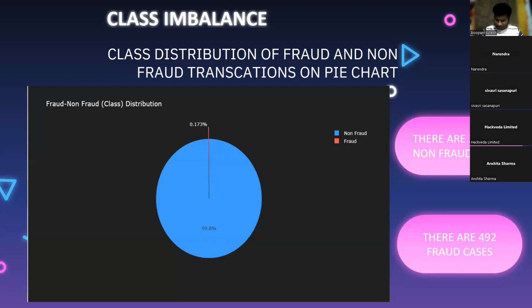Like that only, our data set contains a huge amount of difference. It's like saying there are 2,84,315 kgs of potatoes in the left hand and 492 kgs of potatoes in the right hand. It's not possible, but I'm saying it as an example, okay?